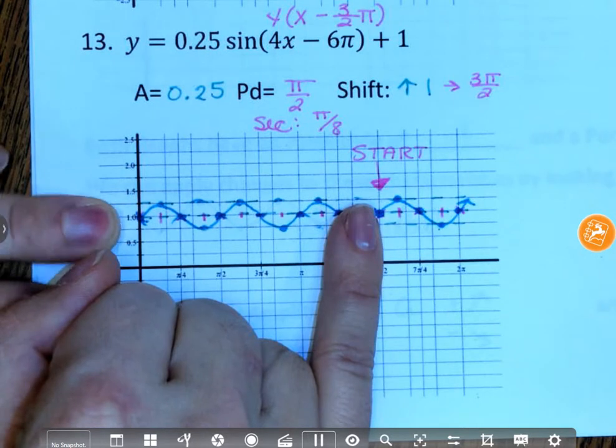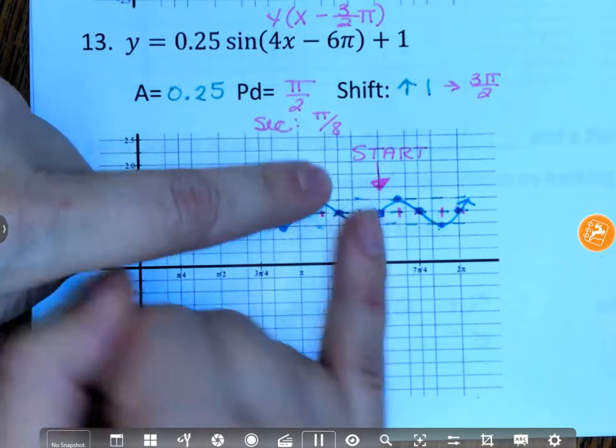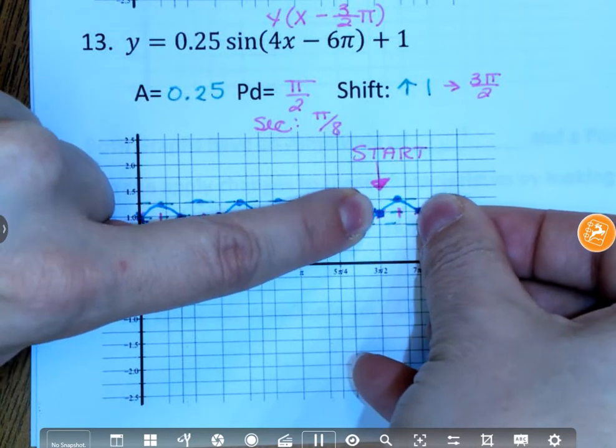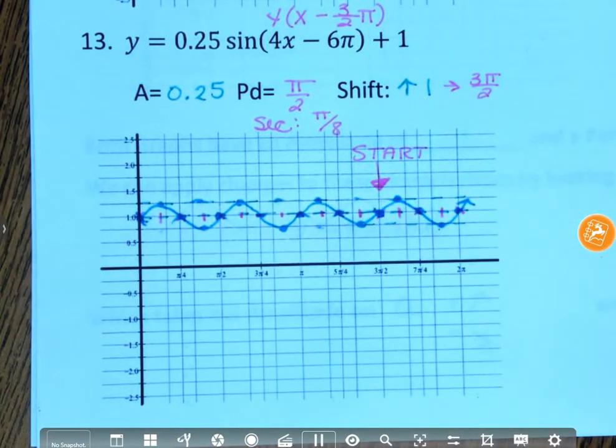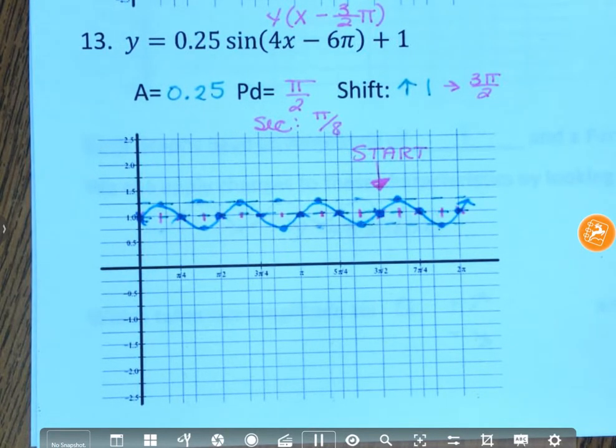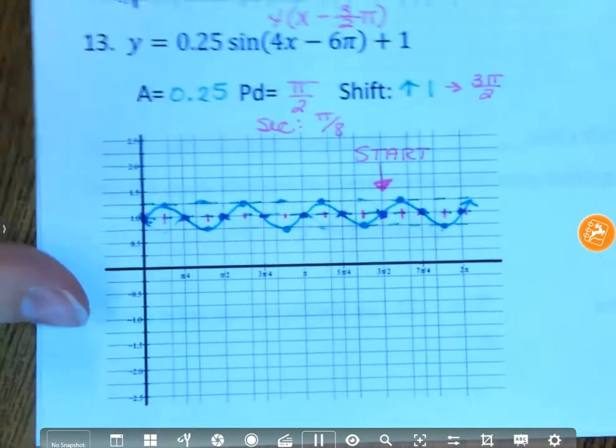From there, each section was pi over 8. And pi over 8 is halfway between the over 2s and the over 4s. And sine goes up. Middle up. Really wouldn't recommend you guys doing these in pen unless your pen's erasable. Questions on number 13?